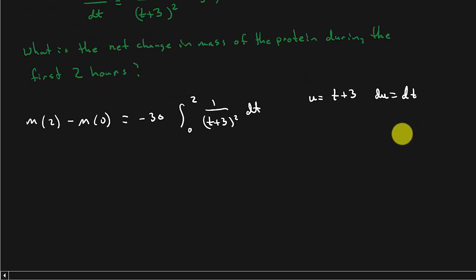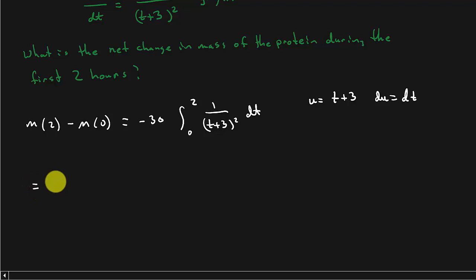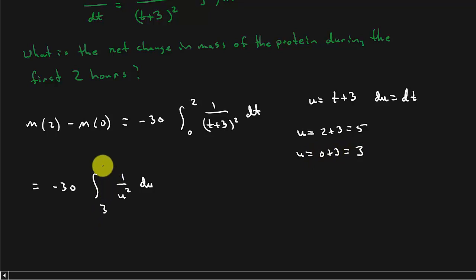So this gives us -30 times the integral of 1 over u squared du. The t plus 3 gets replaced with u, and the dt gets replaced with du. We've got to change our bounds. So u is equal to 2 plus 3, which is 5, and u equals 0 plus 3, which is 3. So we're going from 3 to 5.